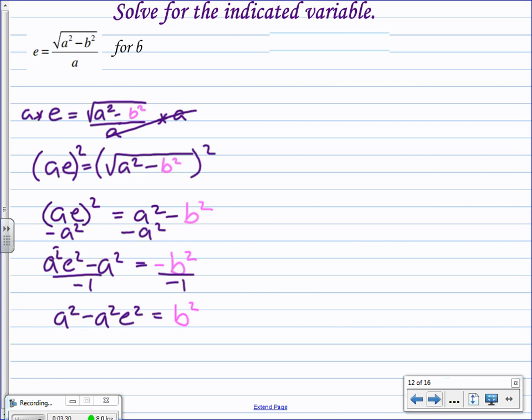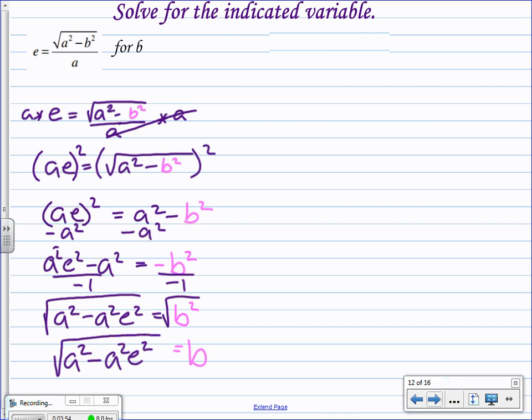How do you undo a square? Well, I square root it. If I square root one side, I have to square root the other side. And I'm going to get b equals the square root of a squared minus a squared e squared.